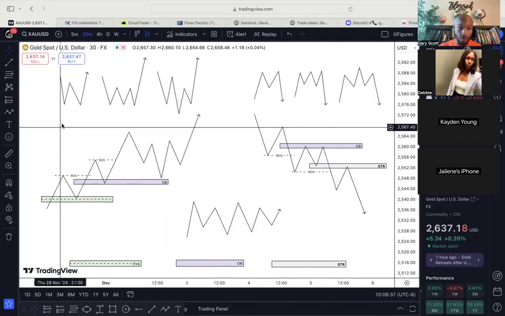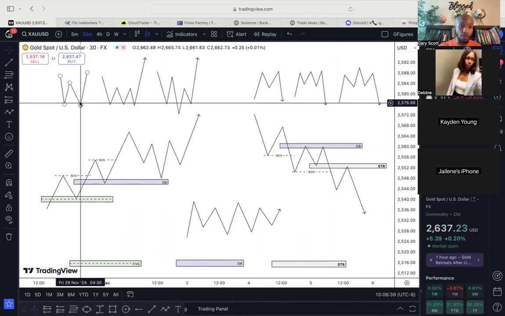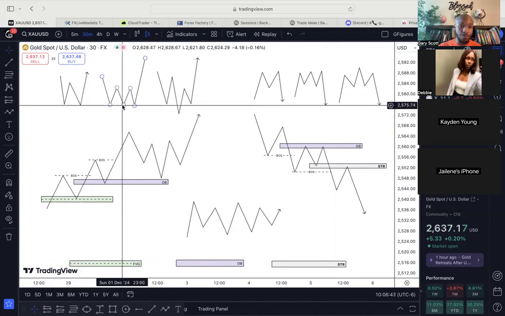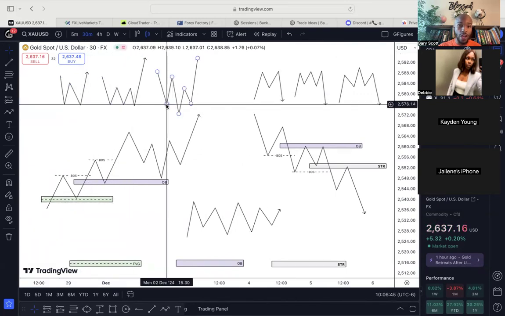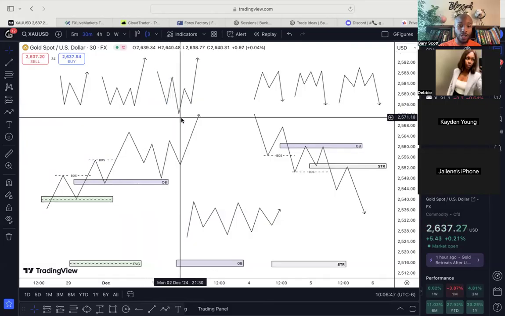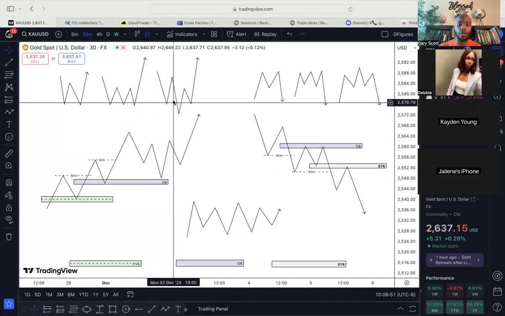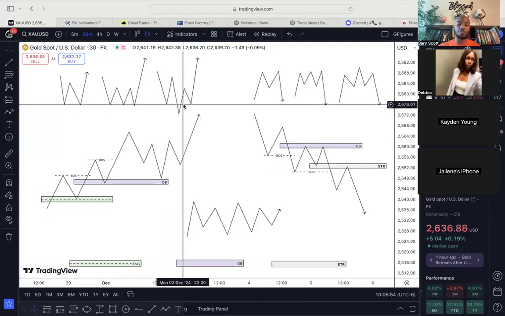You have a double bottom, a triple bottom, and your inverted head and shoulders: your shoulder, your head, your shoulder. This pattern is sort of like putting your back on the wall while balancing on your head. Your head's on the ground, your shoulders are in the air, and your feet are to the ceiling.